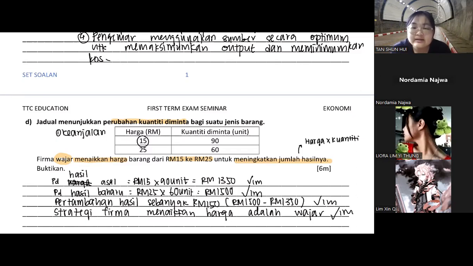I just want to tell you that if you really didn't relate to keanjalan, you use the very normal mathematical way, you will still gain at least 2 marks, right? At the price of 15, I earn this. At the price of 25, I earn this. You will at least have marks.